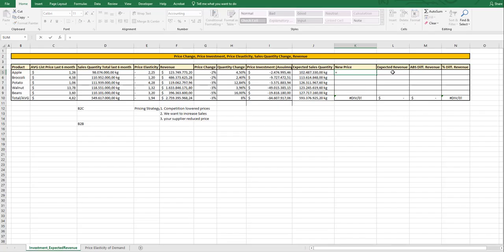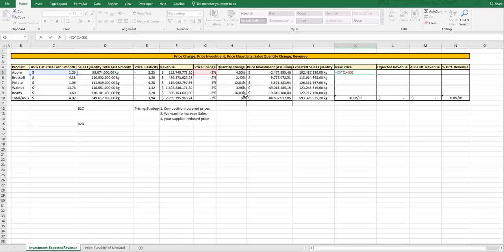So the new expected revenue will be made up of new price and the new or expected sales quantity. New price is this one multiplied with 1 plus, because minus times minus will be plus, the price change.